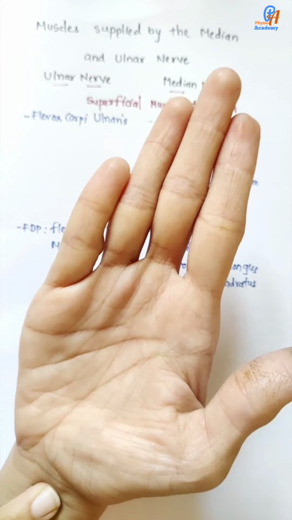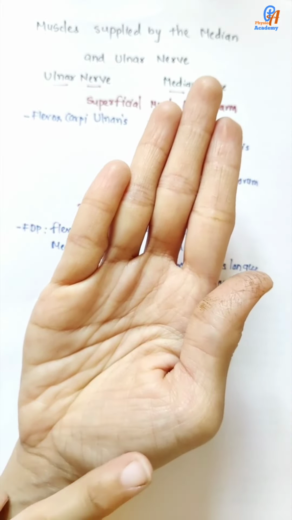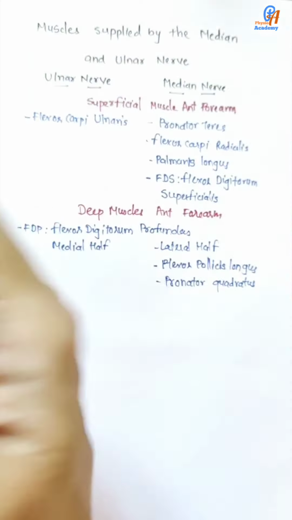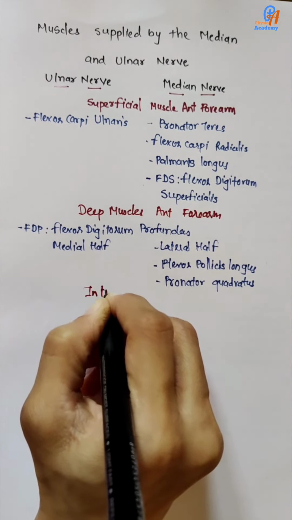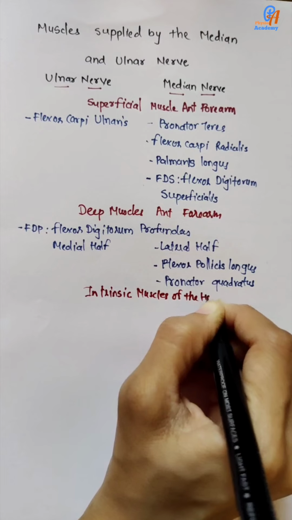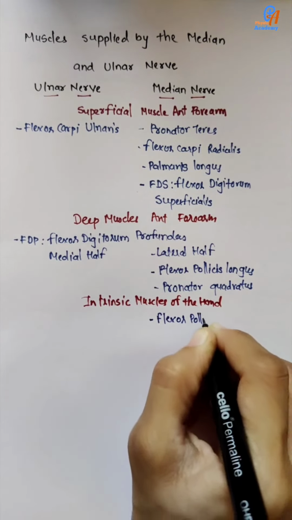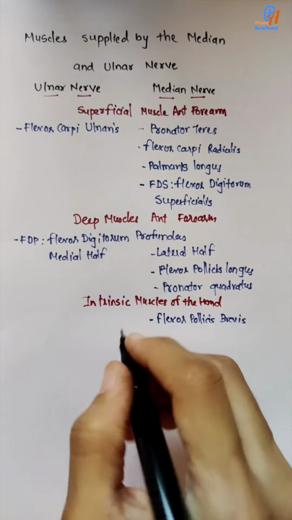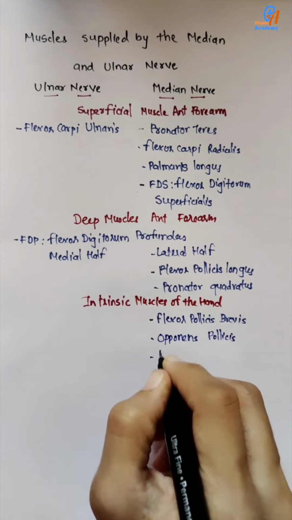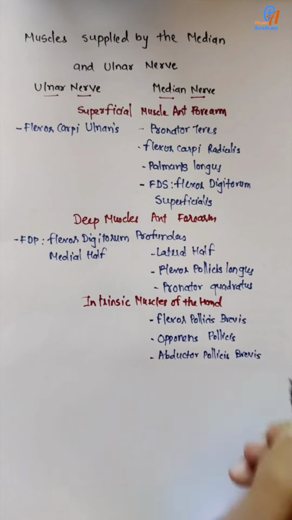So the total number of muscles here is 4: flexor pollicis brevis and opponens pollicis, the third muscle abductor pollicis brevis, and the last, first and second lumbricals.